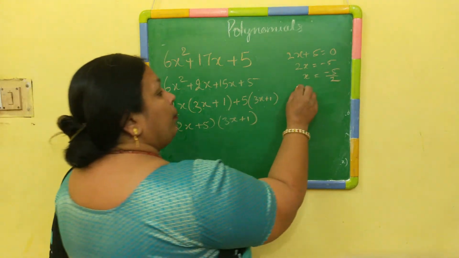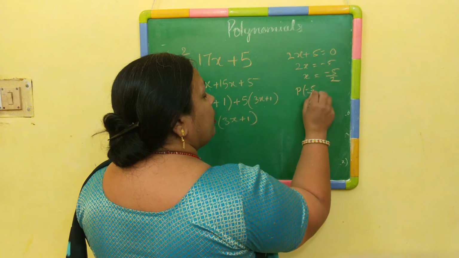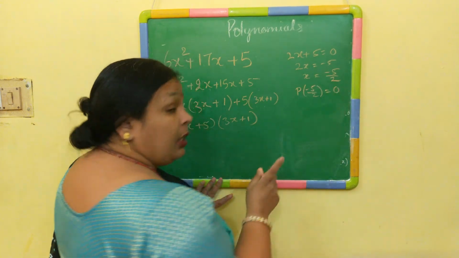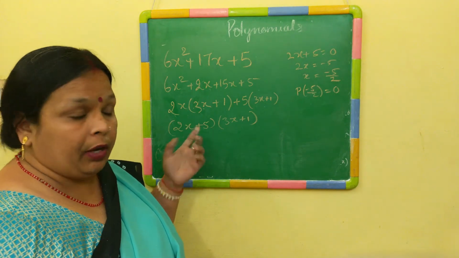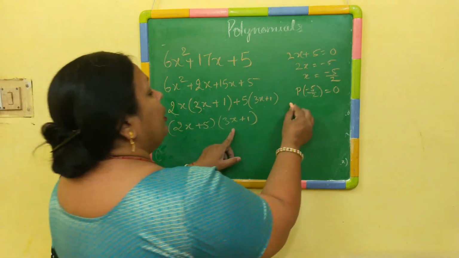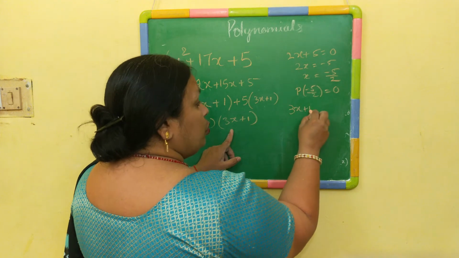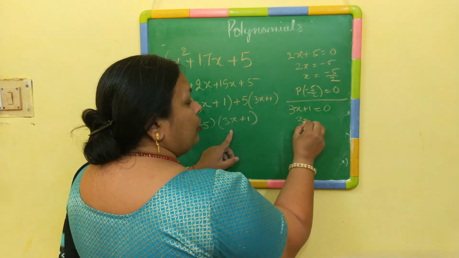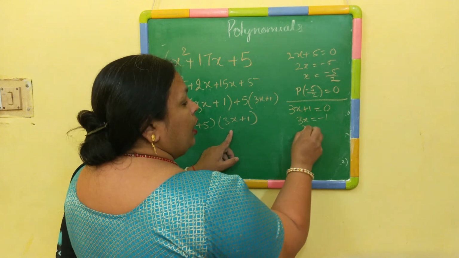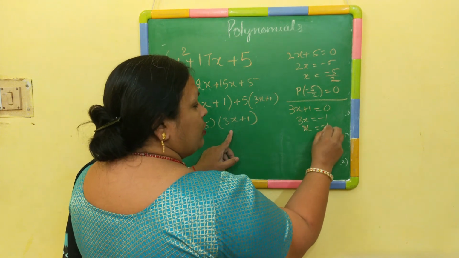That means P of minus 5 by 2 should be 0 as per the factor theorem if this is a factor. Or else if 3x plus 1 is a factor, then it has to be equated to 0. 3x is equal to minus 1 and the x value will be minus 1 by 3.